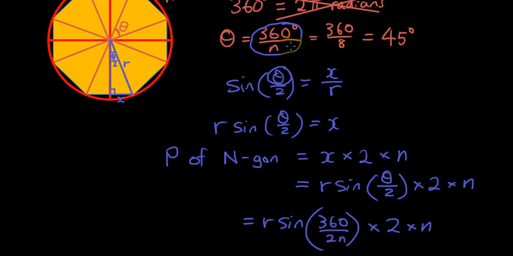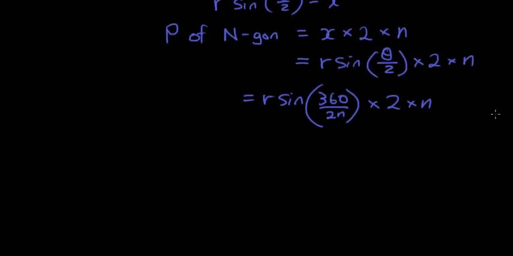Since 360 over n is equal to theta, I'm just substituting this in here, divided by 2, and then I have this 360 over 2n. Okay, so now let us continue from that.